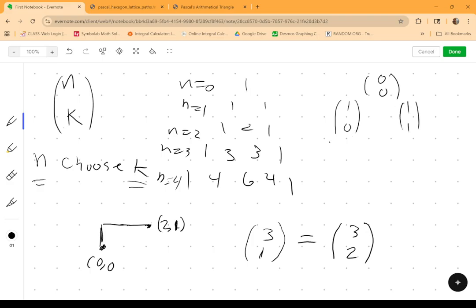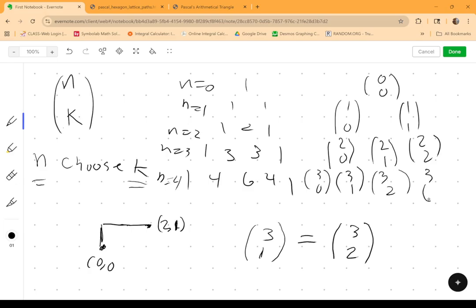The next row, we'd have 2 choose 0, 2 choose 1, 2 choose 2. 3 choose 0, 3 choose 1, 3 choose 2, 3 choose 3. And you can see here that these are, in fact, the same: 3 choose 1 and 3 choose 3 are both 3. And so forth.